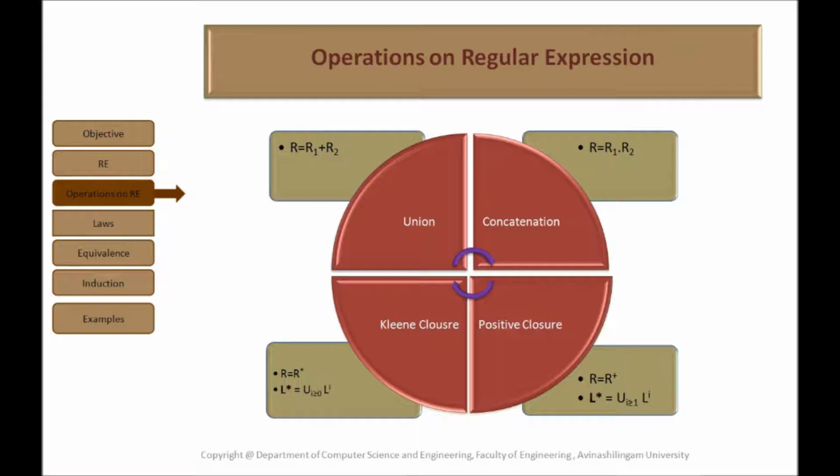Then positive closure is represented as L plus, which is equal to union of L power i, where i is 1 to infinity, that is i is greater than or equal to 1. If R is a regular expression, then R power star is also a regular expression.